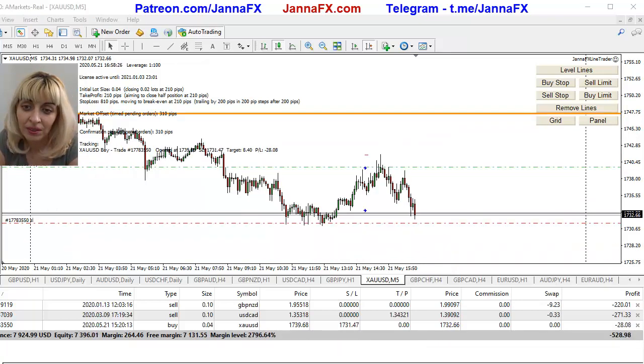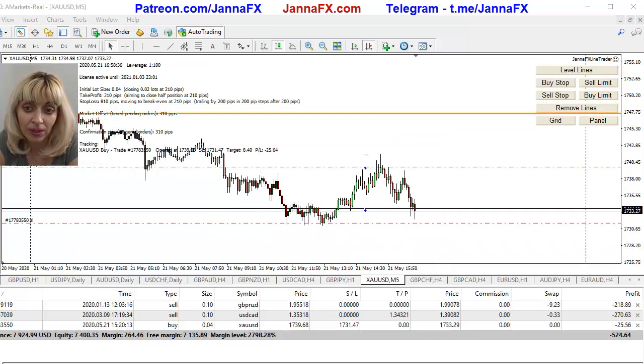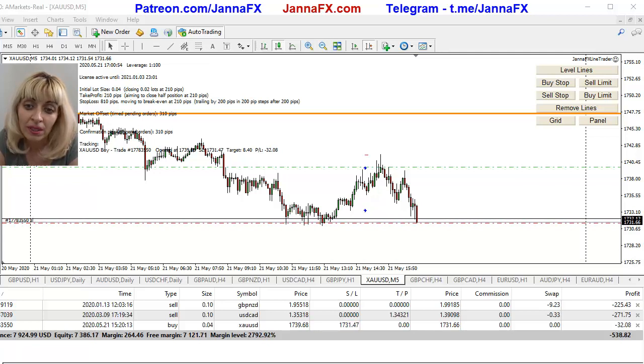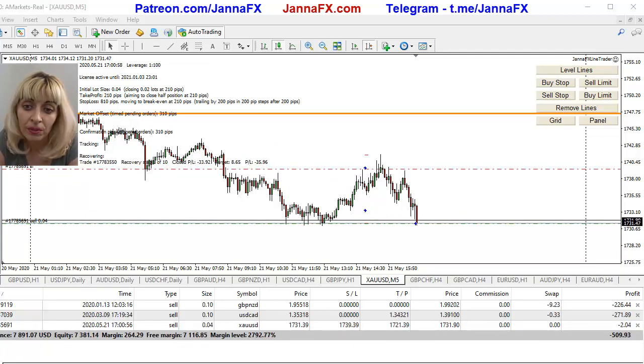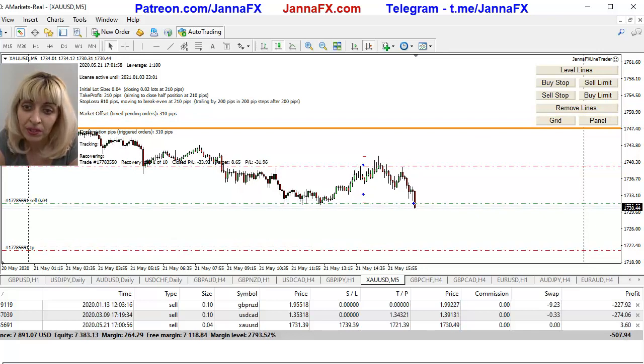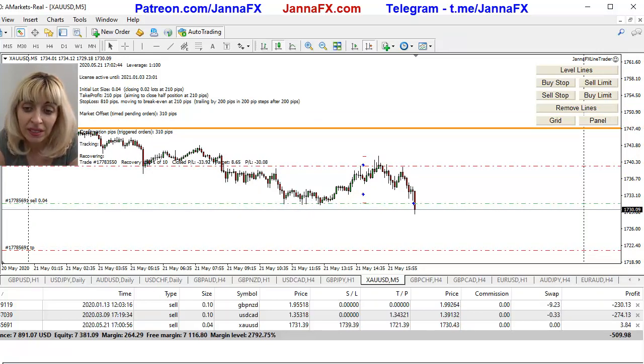You can see the market actually turned around and it didn't hit our small take profit, so it turns back. But because it's been a few hours, you saw it closed with a loss and reopened a new order with the same lot sizes, but with a bigger take profit. So now it's recovery, step one.